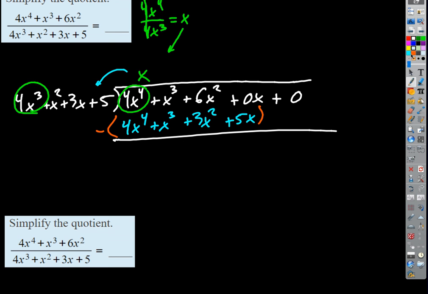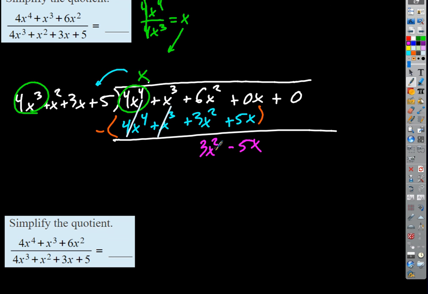And what do I get? Well, those cancel. x cubed minus x cubed, those cancel, right? Over here, finally, I get 6x squared minus 3x squared is what? 3x squared. 0 minus 5x is minus 5x and then nothing there, right? Okay, what about now? Can I do 3x squared divided by 4x cubed?